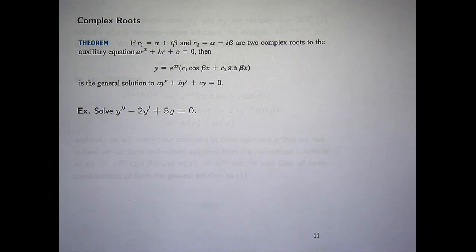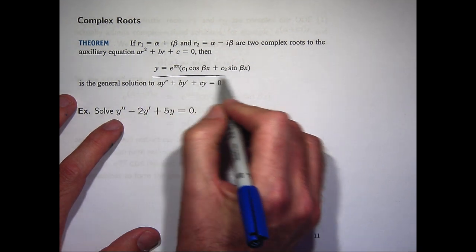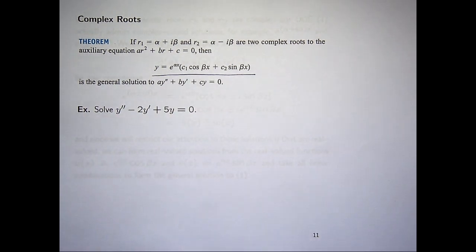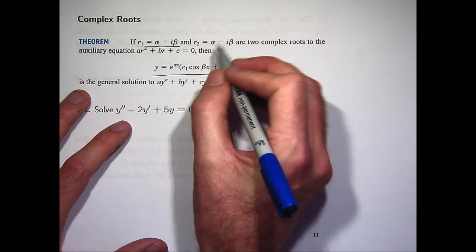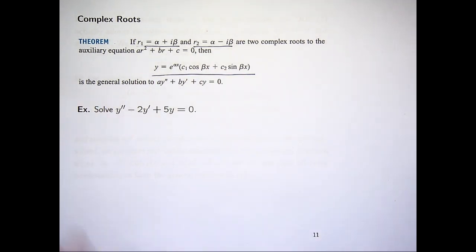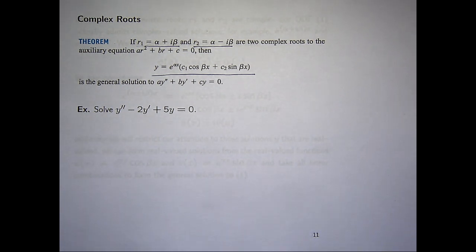Now this is slightly more work, but you can see here, if r1 is like alpha plus i beta and r2 is alpha minus i beta, remembering that for a quadratic equation the complex valued roots will appear in conjugate pairs, then you can take the alphas and betas and form a general solution through the following setup.